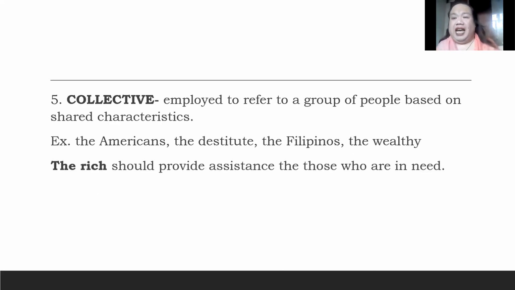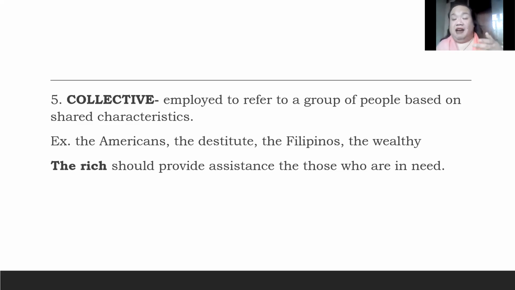Next, collective adjective. This is a subgroup of your nominal adjectives. They're actually related, but here we're talking about a group of people, and we're still using the article "the." So the Americans, the destitute, the Filipinos, the wealthy.